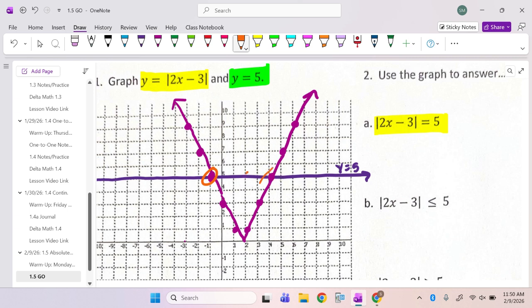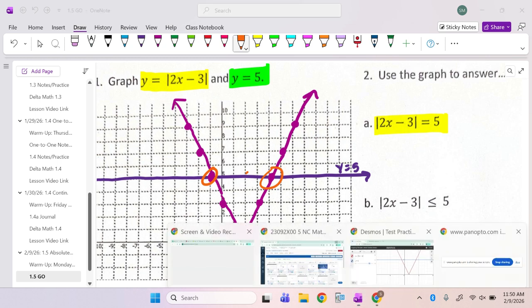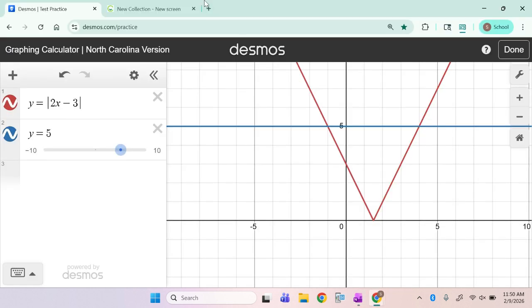That's why using Desmos is great, because Desmos already plots the intersections for you, here and here. Both of these points have the y value of 5.